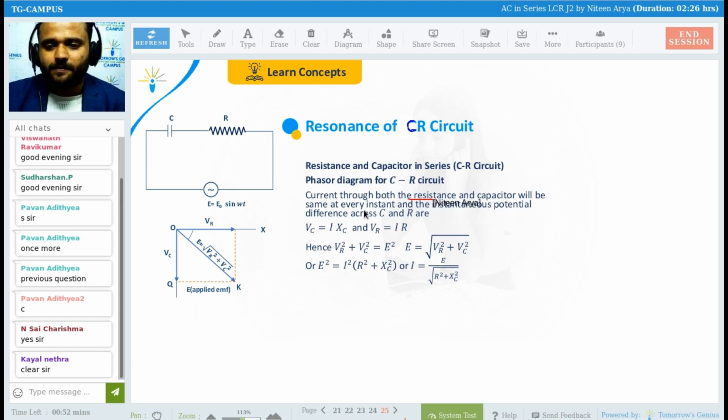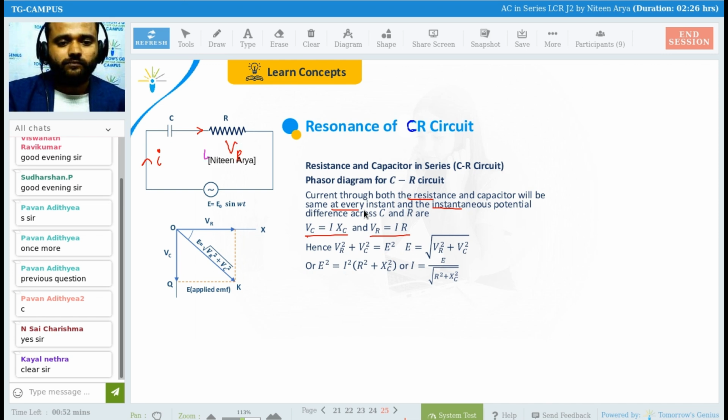The current through both the resistance and capacitor will be the same at every instant. The instantaneous potential differences across C and R are VC equals I XC and VR equals IR, because they are in series, so I remains the same at C and at R. VR is in the same phase as I, but VC is going to lag behind by 90 degrees.